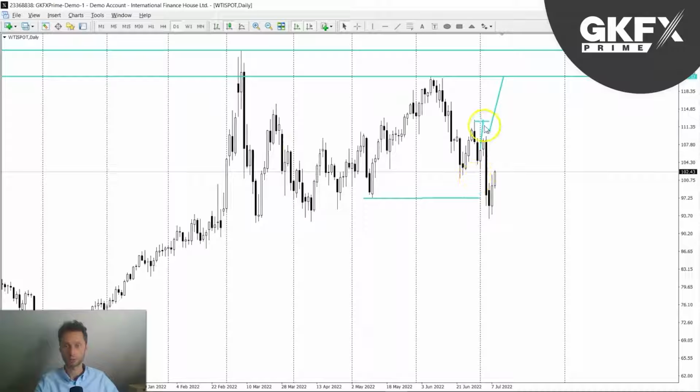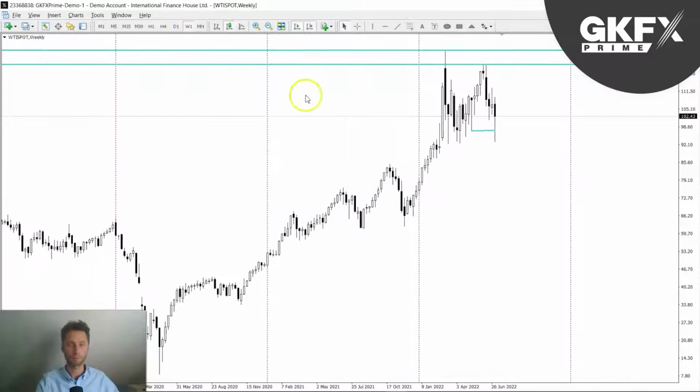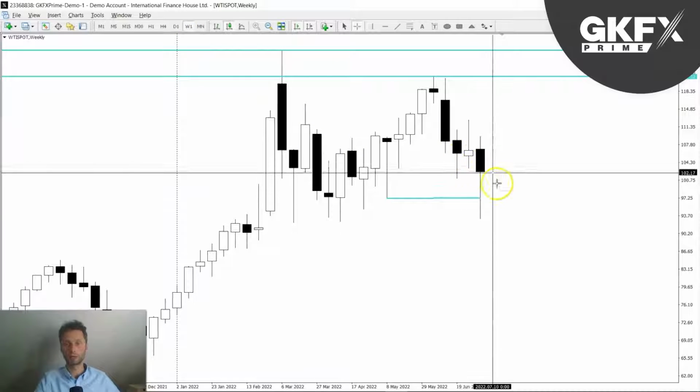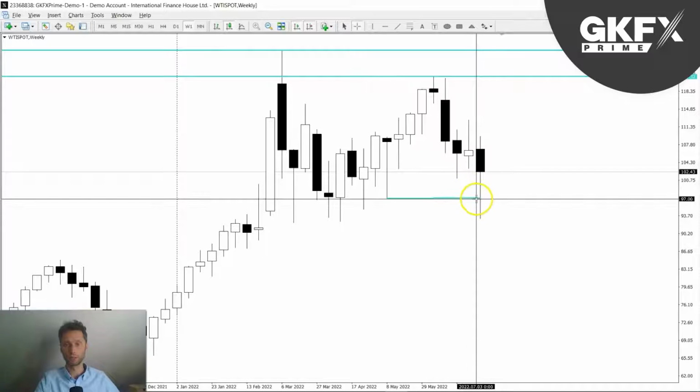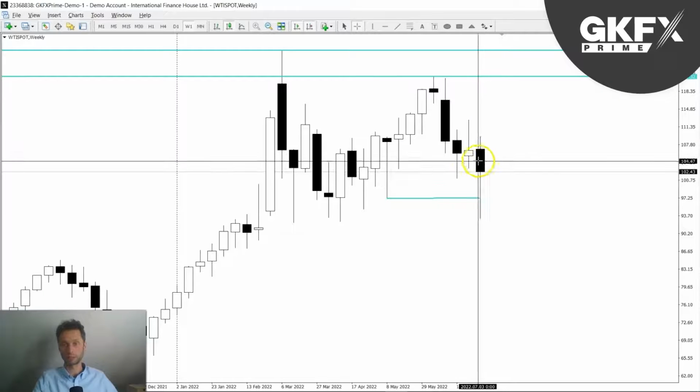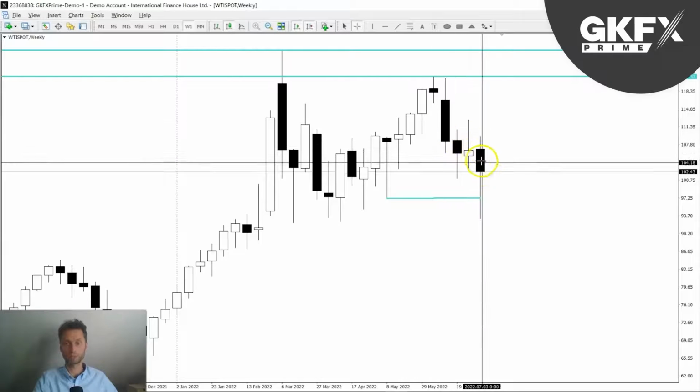So now that I've got that to bear in mind, I'll be looking for a sell setup. So weekly close bearish with this very large wick to the downside. So that indicates that we do want to be a bit careful here, even though it did close weaker than previous weeks.